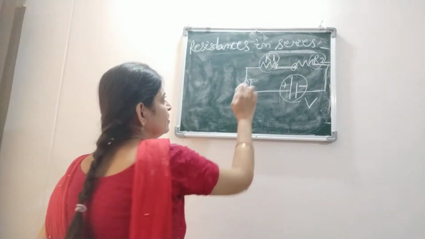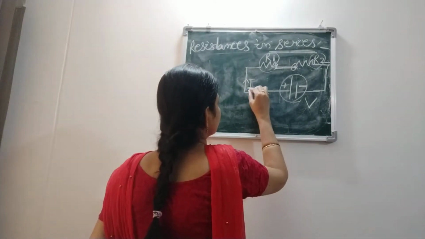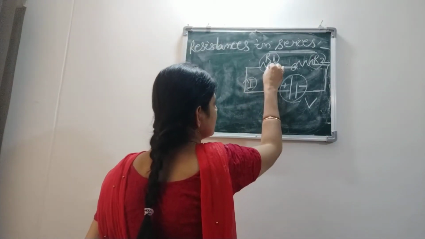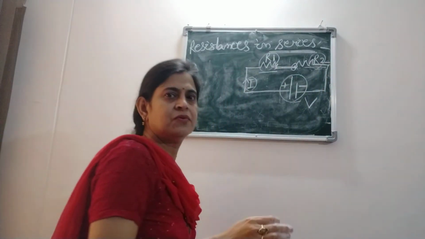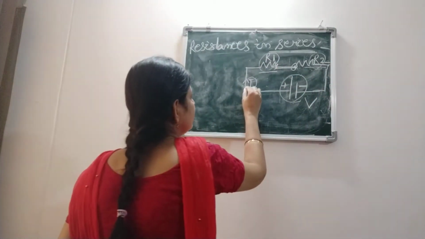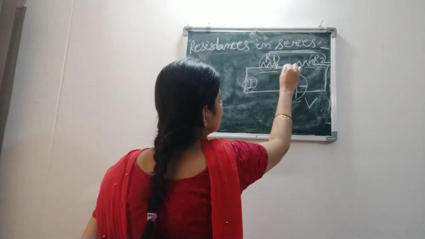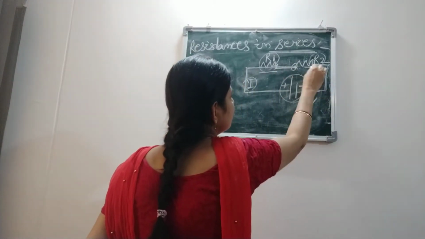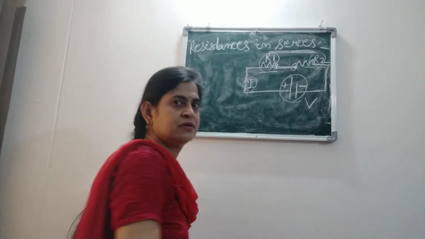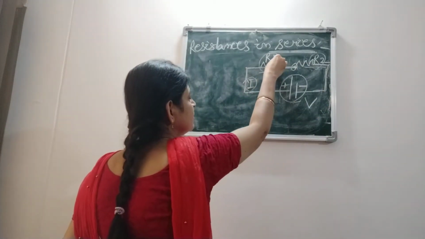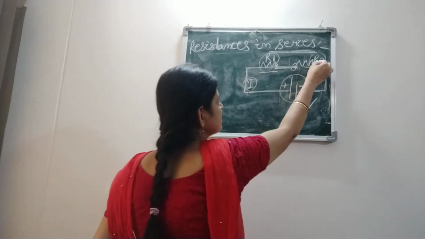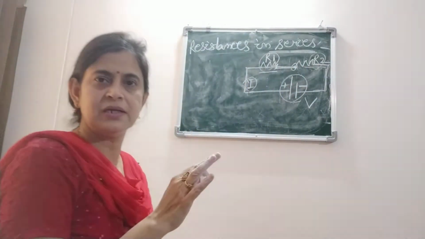So the current will remain the same for R1 and R2 because the current is flowing through one path. The path is not divided here. So the current for R1 is also I and for R2 is also I.